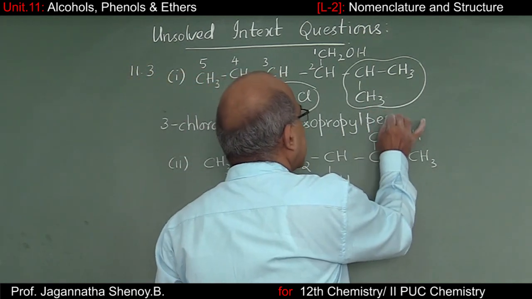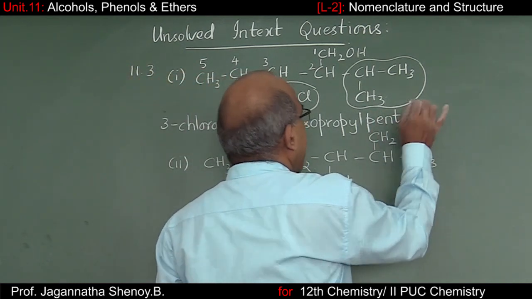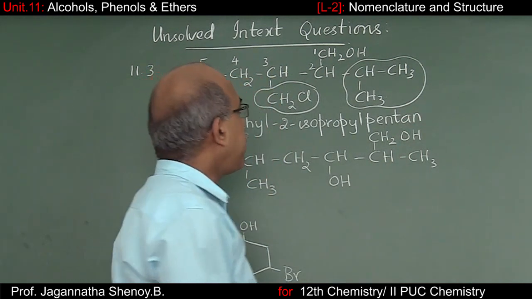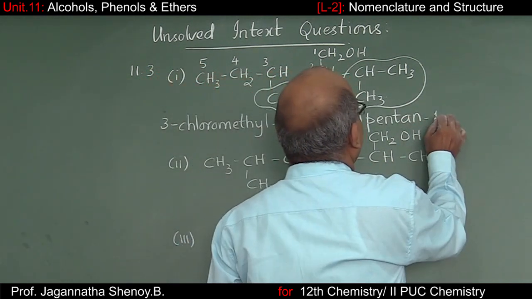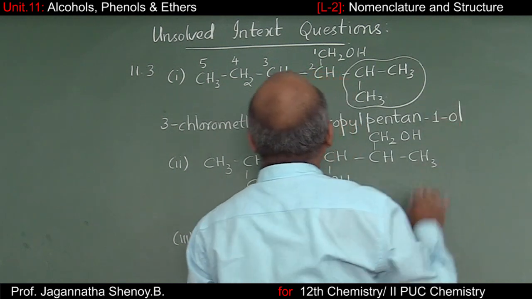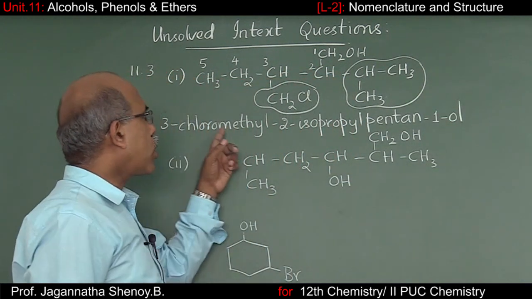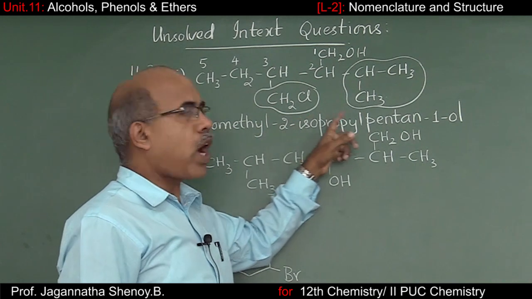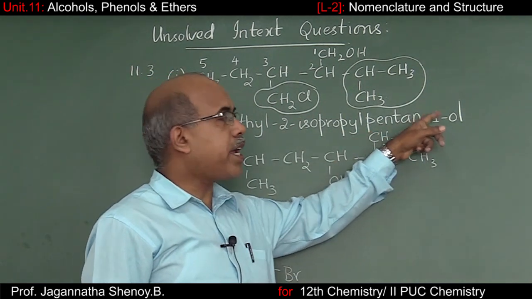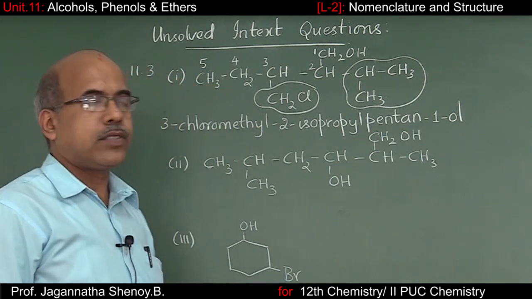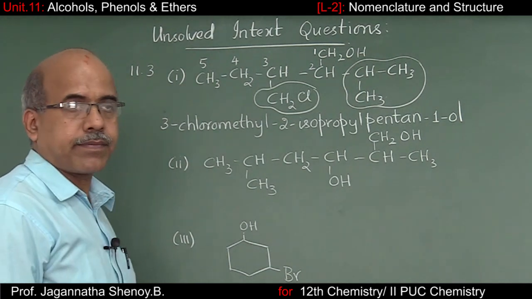So it is a pent. All of them are connected by means of single bond, pentane, and it is one ol. So it is a 3-chloromethyl, 2-isopropyl, pentane, 1 ol. So that is the IUPAC name.